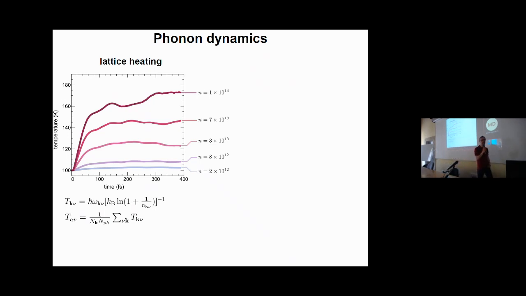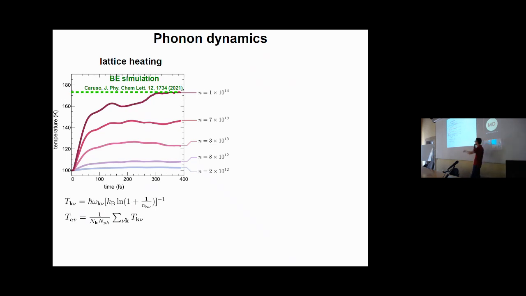So, this is how the effective temperature of the lattice evolves in time for different excitation density, for different pump fluences. And you see that the larger the excitation density, the larger the final temperature that we get. And let me say that for very high excitation density, 10^14 carriers per centimeter squared, our NEGF results agree perfectly with the Boltzmann equation prediction.